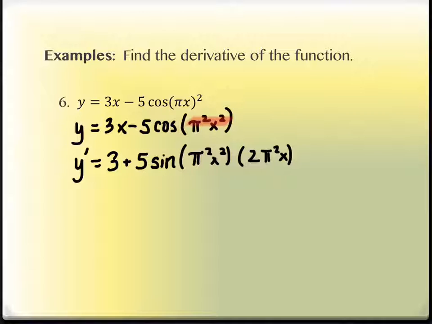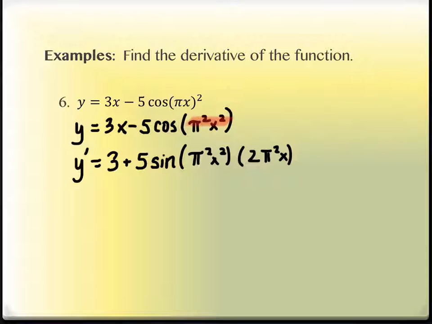If you had e, you remember the number e? It would stay e, all right? So we don't change constants. So could I write it pi squared 2x? Yes, you could write it pi squared 2x. And then we have the derivative of the x squared, and the derivative of x squared is 2x. So the 2 at the beginning is coming from the x squared part, and then this is what we have.